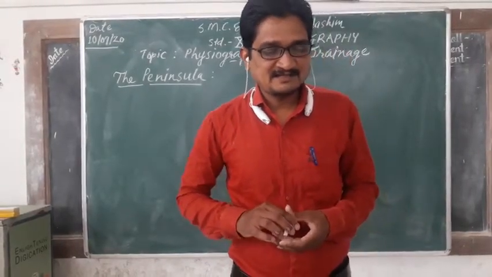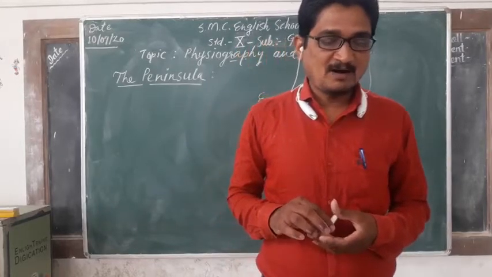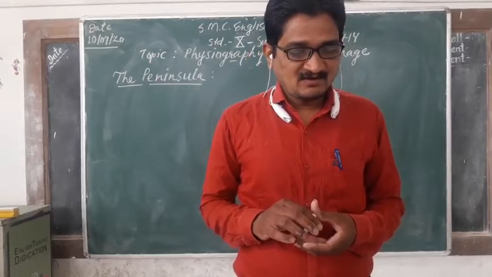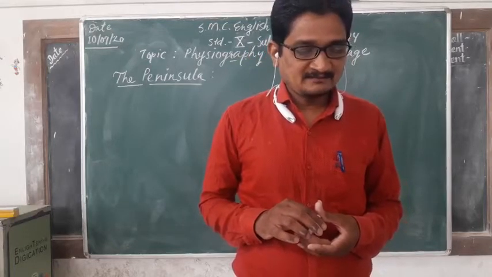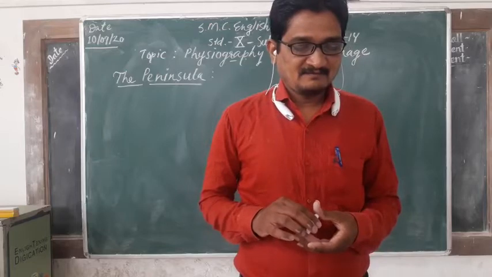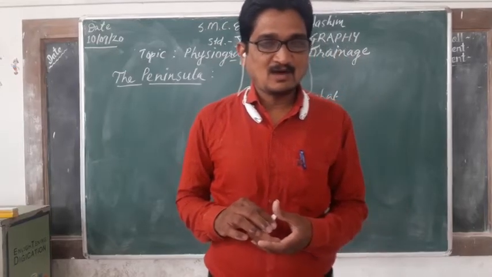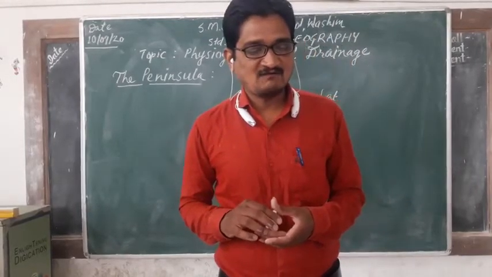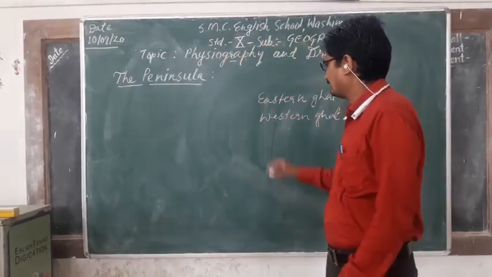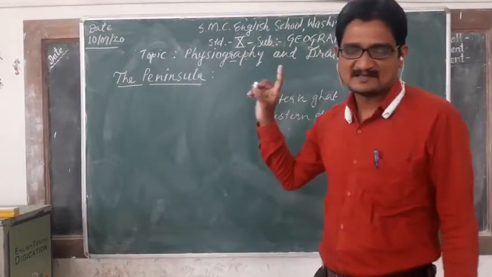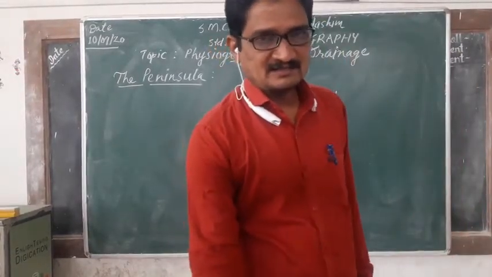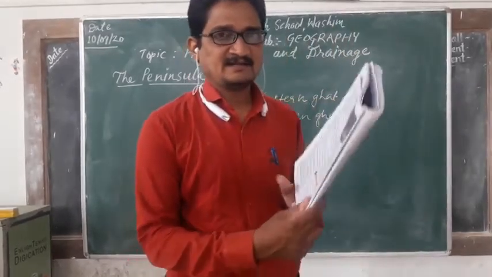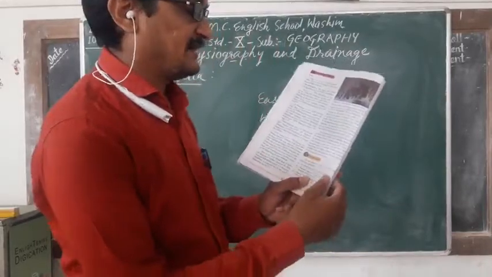The Aravallis in the north are the oldest fold mountains here. It includes a series of plateaus bordering the plains, the Vindhyas and Satpura ranges in the central part, and the hilly regions of the Western and Eastern Ghats. So all these plains and hilly ranges are situated in the Indian Peninsula.